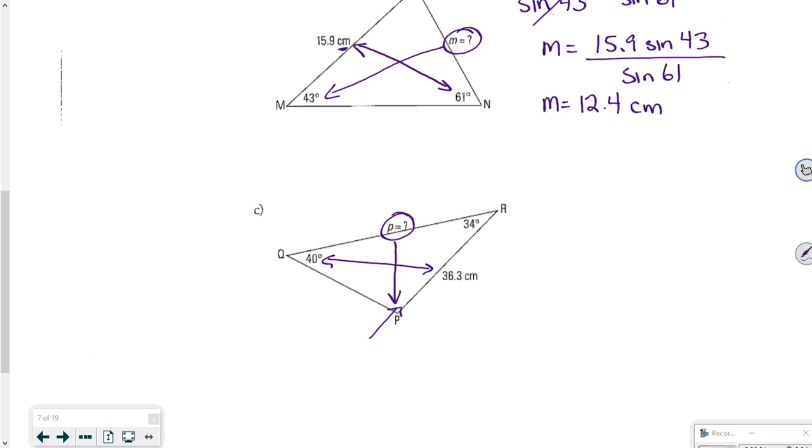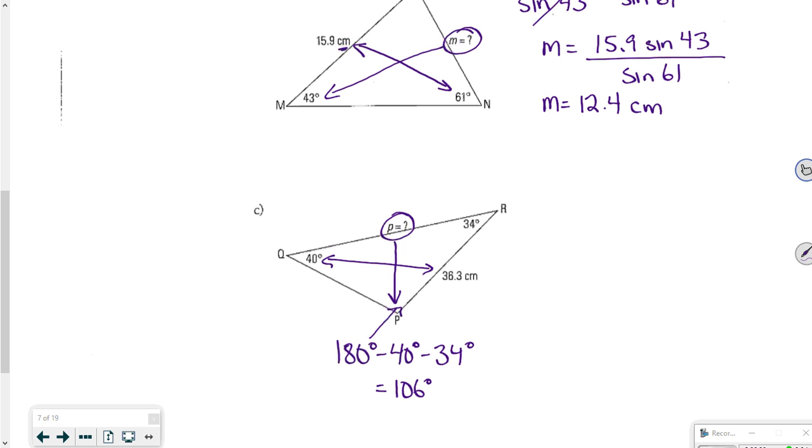And there's a trick to finding this angle. I know that the angles in a triangle add up to 180 degrees. So if I know two of the angles in my triangle, I can find the third one by taking my total 180 degrees and subtracting the two angles that I already know. So in this case, it's going to be 180 minus 40 minus 34.